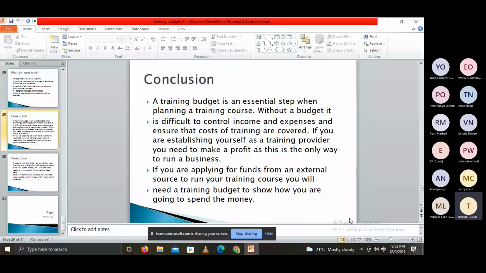And you can suffer from two things. When you have budgeted for your training programs, ultimately you can suffer from either of two things. One is where you have so many activities and you are not able to fully implement them because the budget was in deficit.